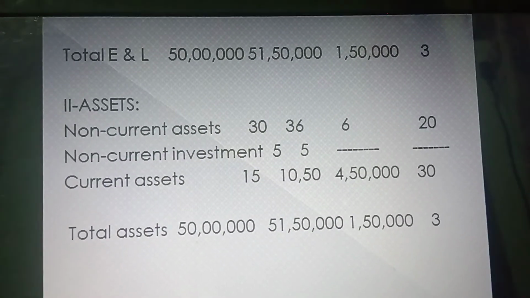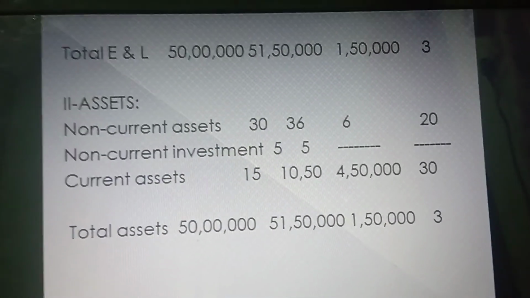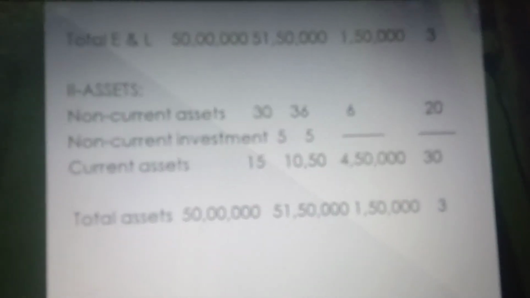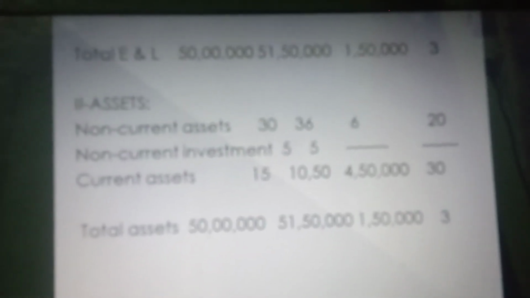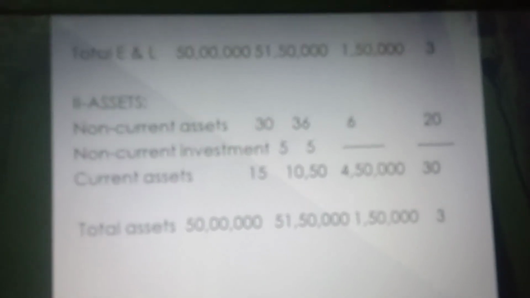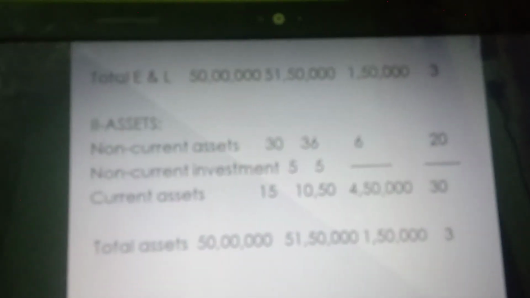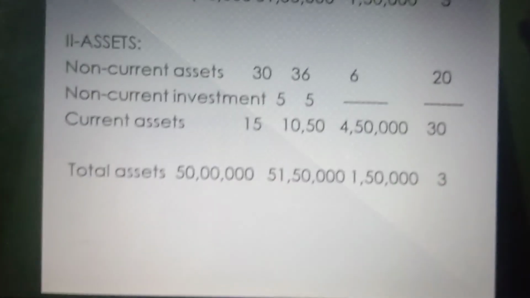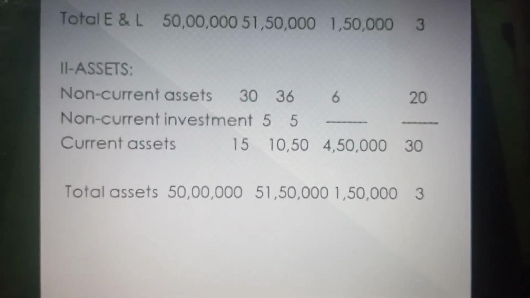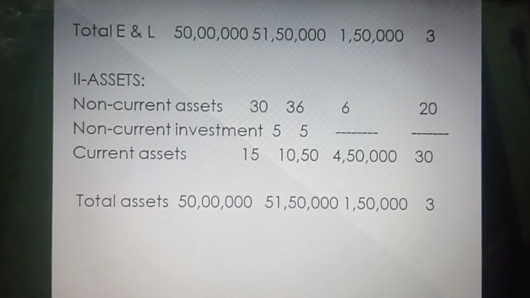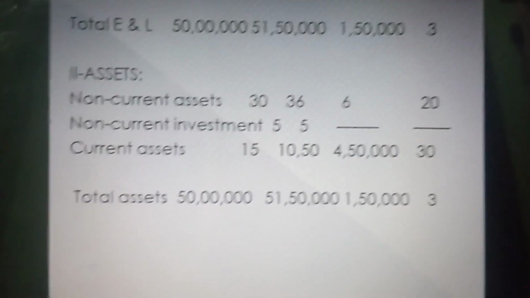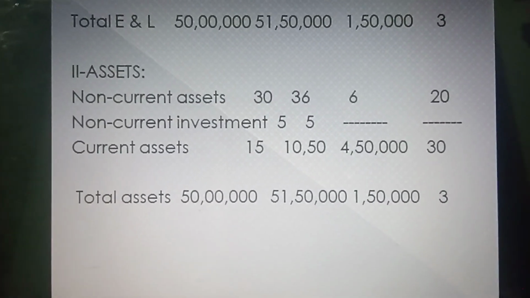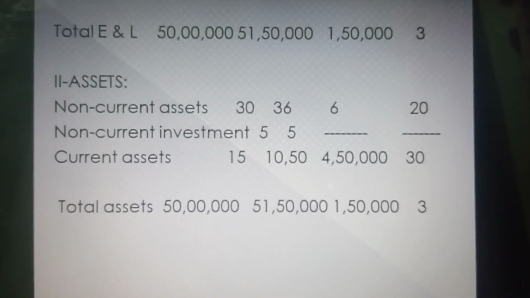Equity and liabilities are in a better way, as well as the total assets, which were rupees 50 lakh, have also increased. So you can say that the equity, the liabilities, as well as the total assets have increased. That is why it is showing the efficient and satisfactory position of the company. So there is no need to take steps to maintain the solvency or the liquidity of the firm. The company is doing quite well.